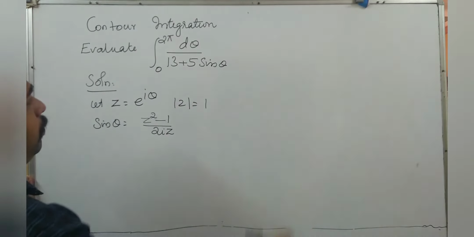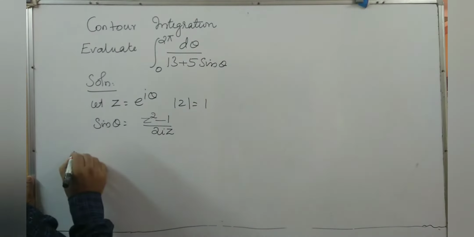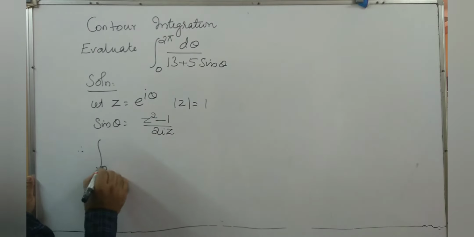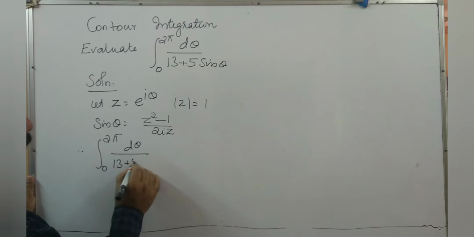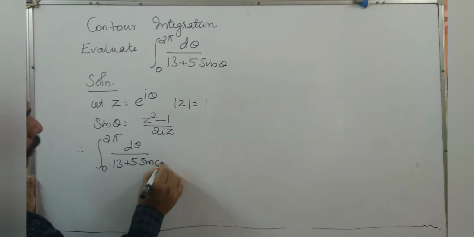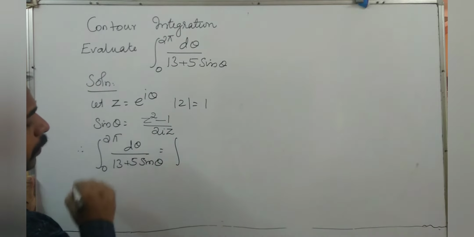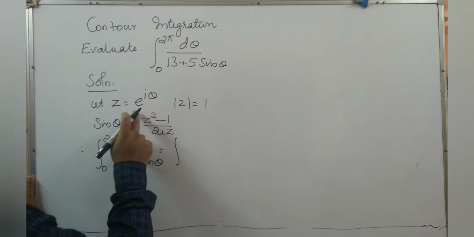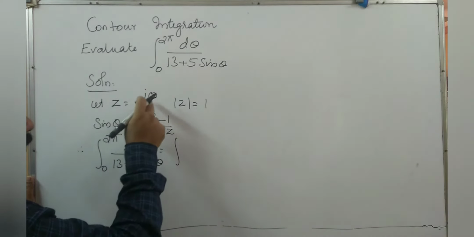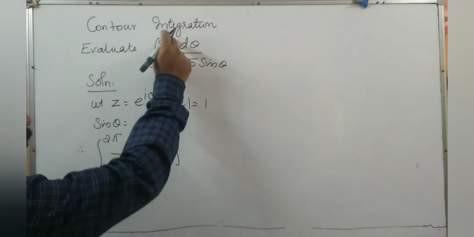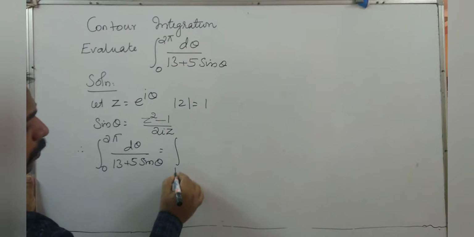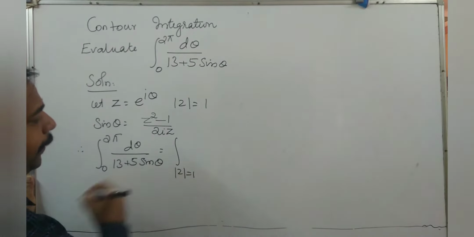Therefore the integral from 0 to 2 pi of d theta divided by 13 plus 5 sin theta equals, now whenever you substitute the theta value, you also change the contour. Change this 0 to 2 pi to C, so mod z is equal to 1.